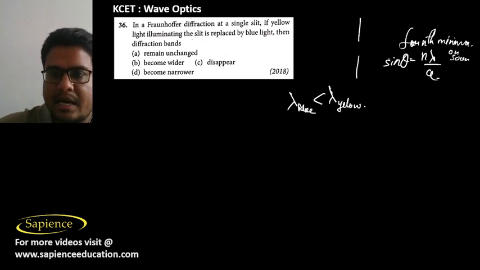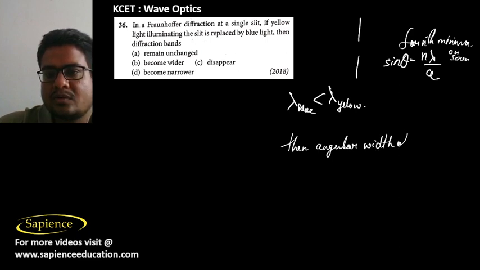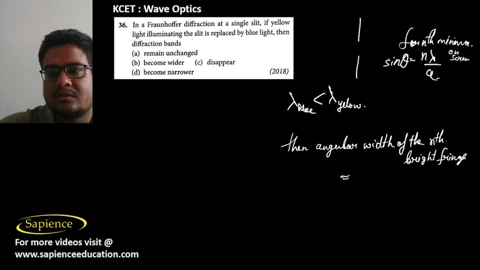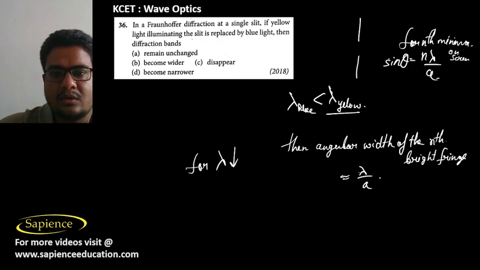So the angular width of the nth bright fringe is approximately lambda by a.